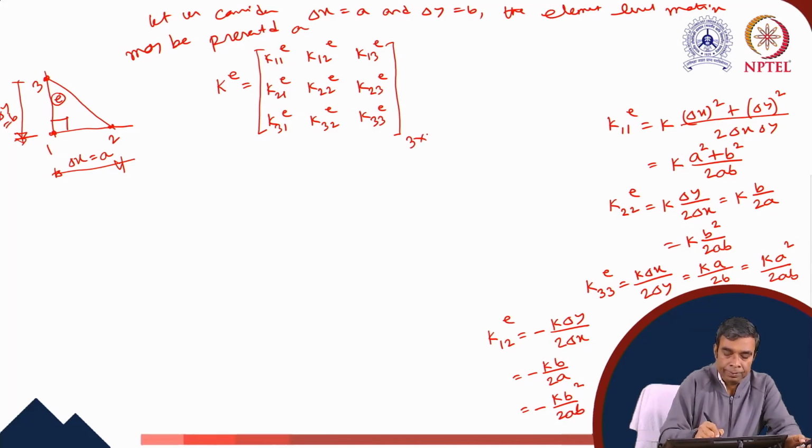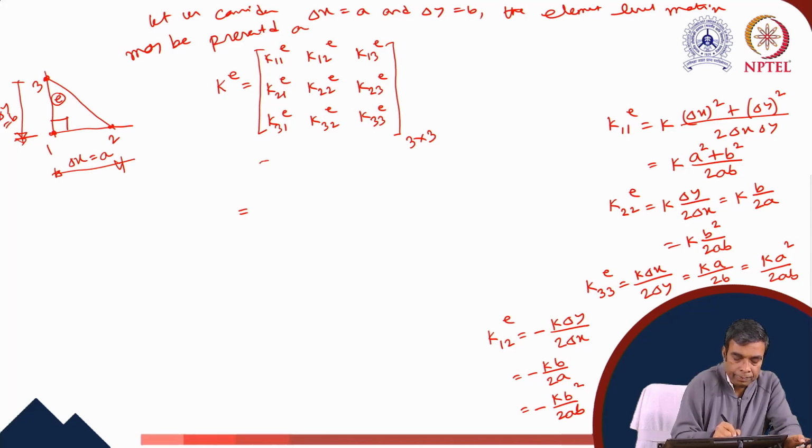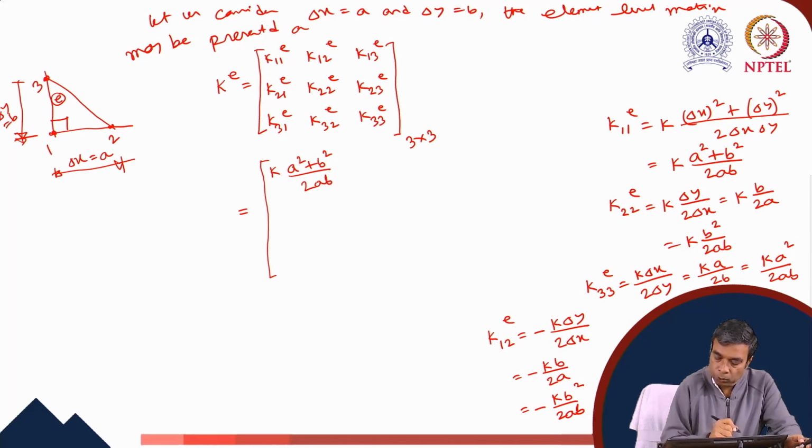So we can write the element level matrix as ke equals k into a square plus b square by 2ab. k22e was kb square by 2ab, k33e was k a square by 2ab.